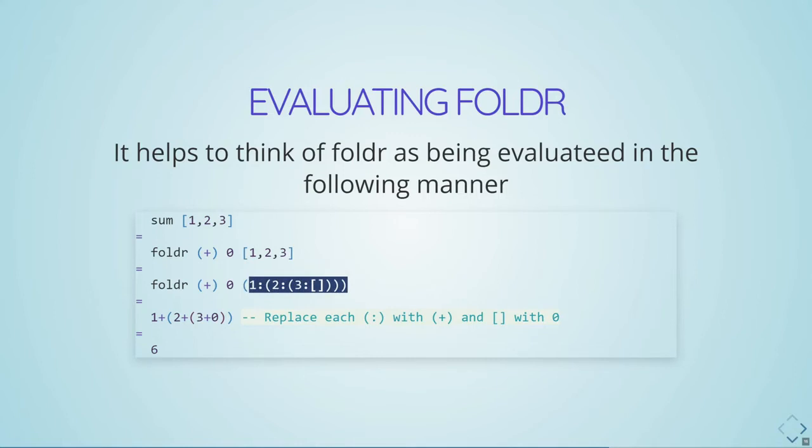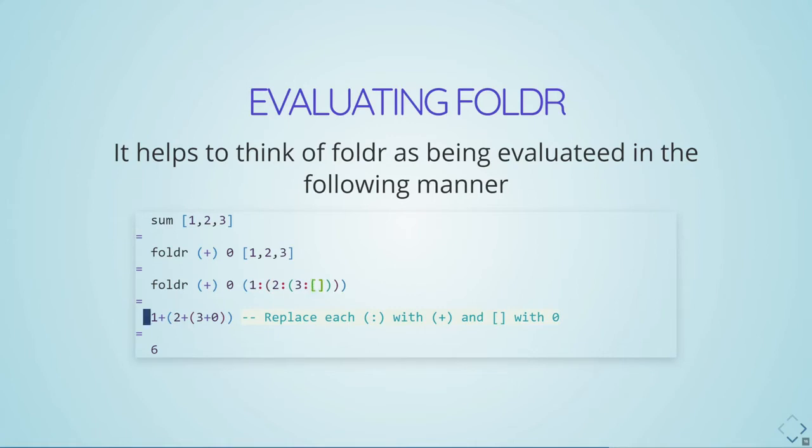Once you put the list in this format, just replace all of these colons with the plus, with whatever the binary operator is, and then replace the empty list with the 0. Essentially, if you were to follow through, like we usually do, the steps of evaluation, this is what you would end up with. You take the list in its true format with colons and the empty list, and just replace the colon with the binary operator, and the empty list with the identity value.